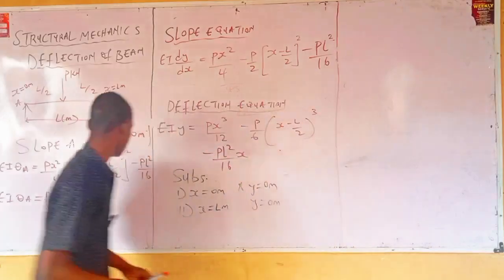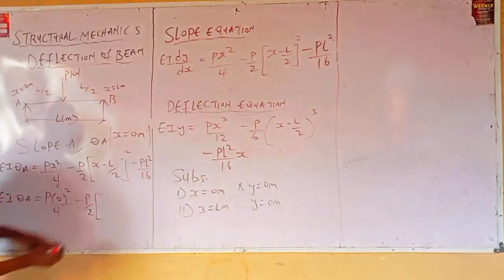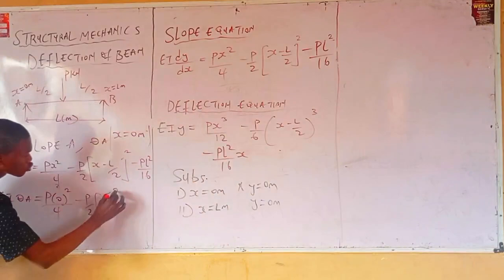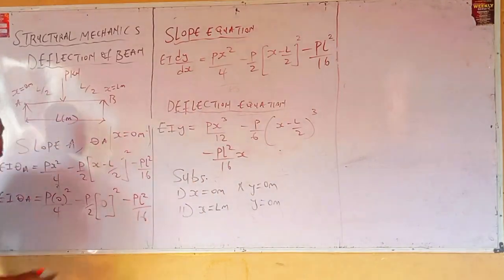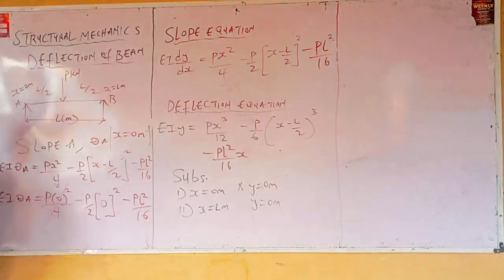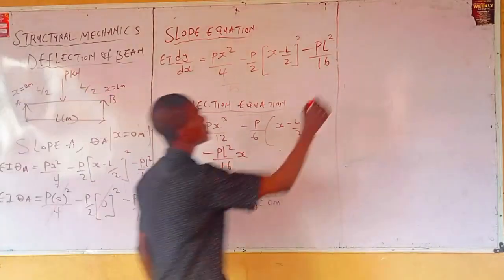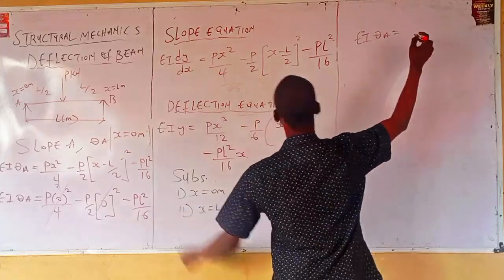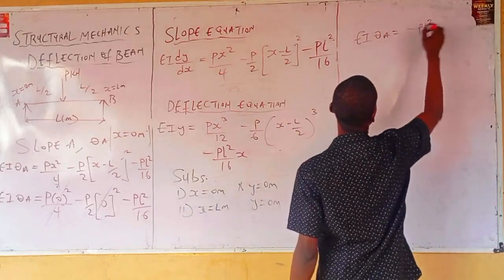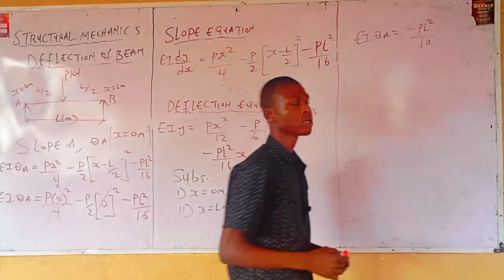So from this place, you have negative P over 2, 0, all squared, minus PL squared over 16. Right? Moving on, this is 0, cancel out. This is also 0, cancel out. That is EI theta A is equal to negative PL squared over 16.